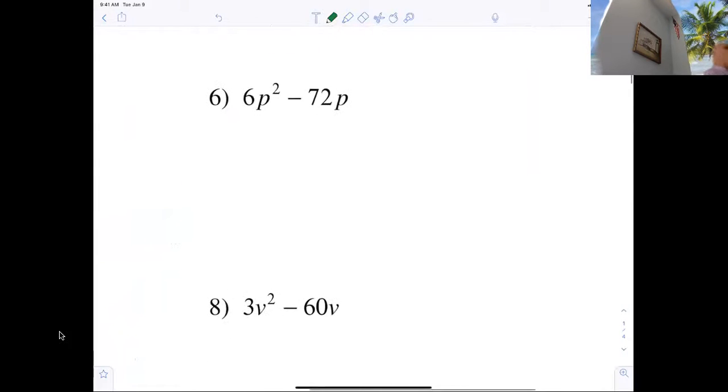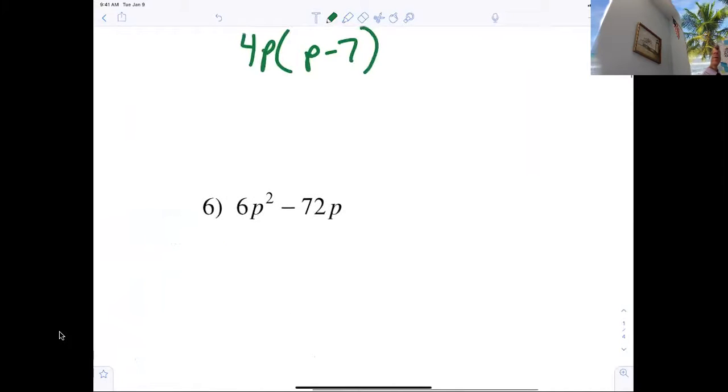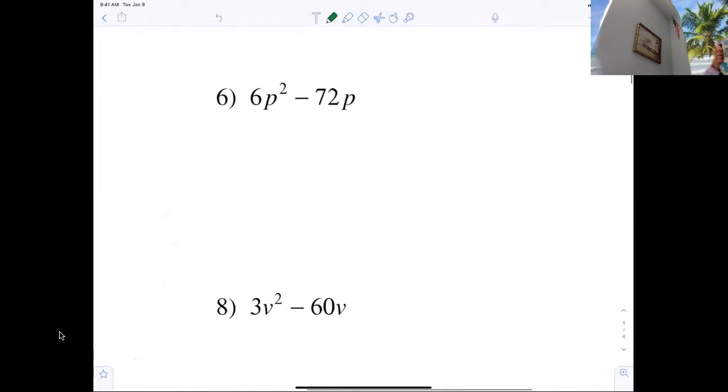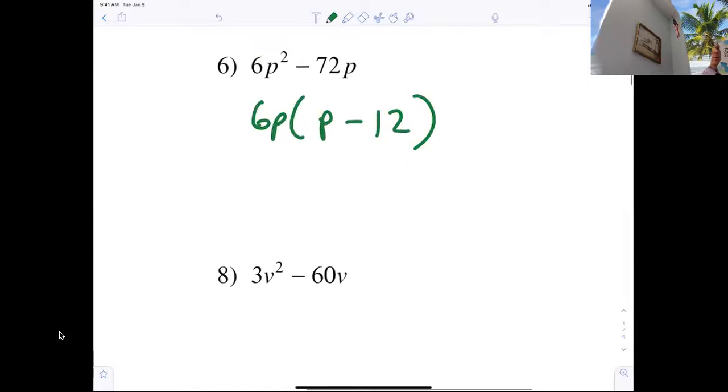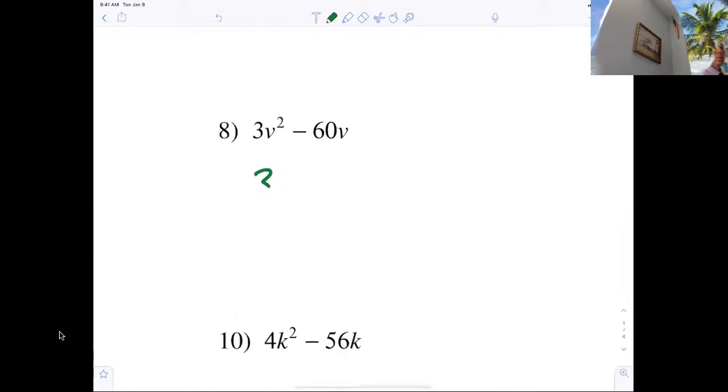Next, who's after that? I can't see. So 60, and then the parentheses is p, the 1p, minus. That's good. Did I skip you? All right, go. 3b, and then parentheses, 1b minus 1.